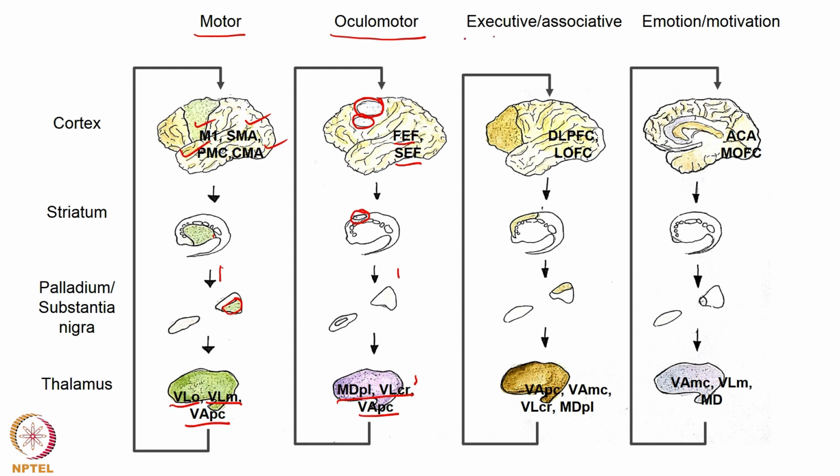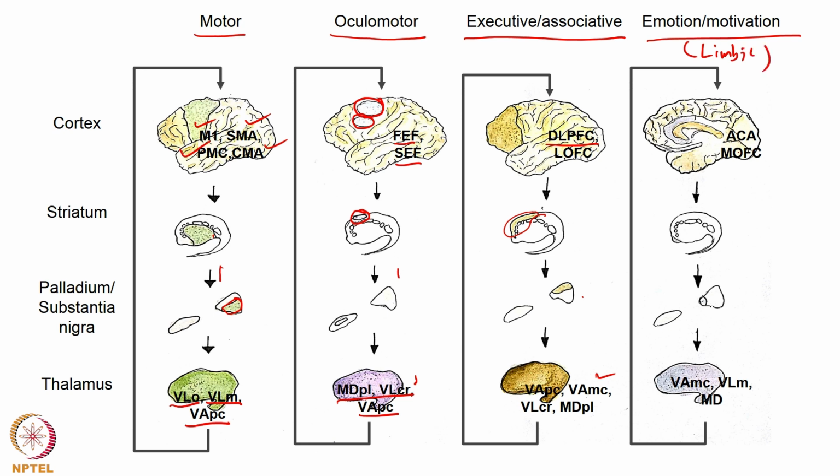It is also believed to perform important executive functions. So, basically it receives input from dorsolateral prefrontal cortex and projects to caudate and outputs to pallidum and substantia nigra pars reticulata and outputs to the thalamus. It is also believed to perform emotion, motivation or limbic functions.